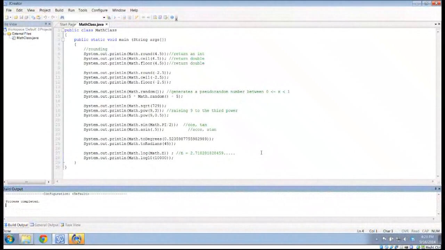And so the log base 10 should be 4. So there's lots of things that we can do mathematically. Basically, anything that we've learned in a geometry and algebra 2 or pre-calculus class, we can do in Java. And the math class is the tool that we use.